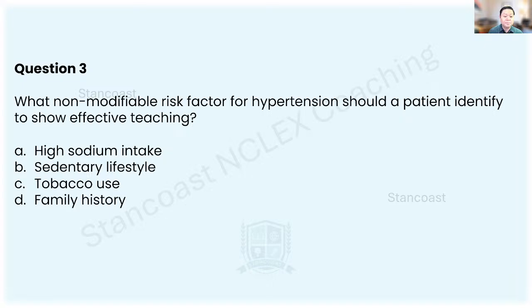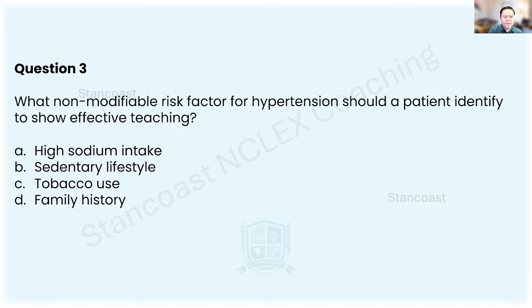What non-modifiable risk factor for hypertension should a patient identify to show effective teaching? Your task here is to identify that non-modifiable risk factor. Is it A, high sodium, B, sedentary lifestyle, C, tobacco use, D, family history?